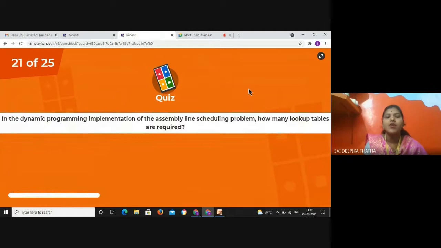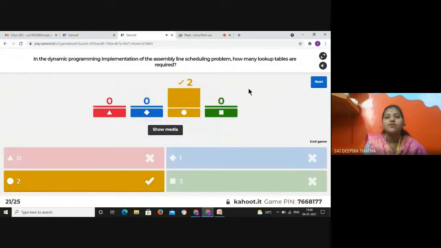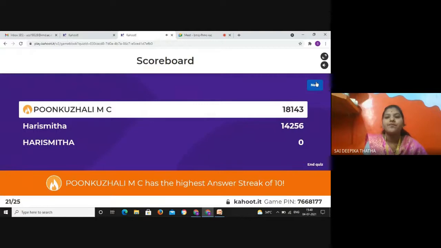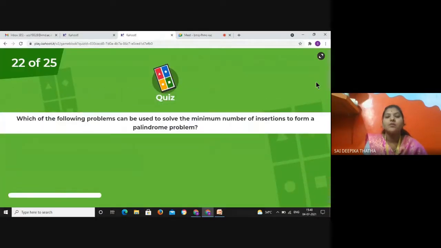In the dynamic programming implementation of assembly line scheduling problem, how many lookup tables are required? 0, 1, 2, or 3? It's going to be 2. Which of the following problems can be used to solve the minimum number of insertions to form a palindrome problem?